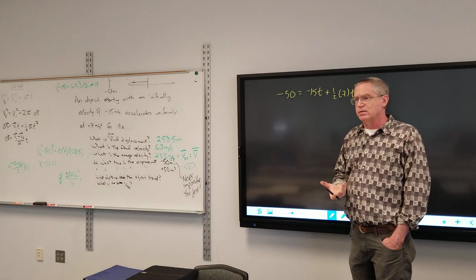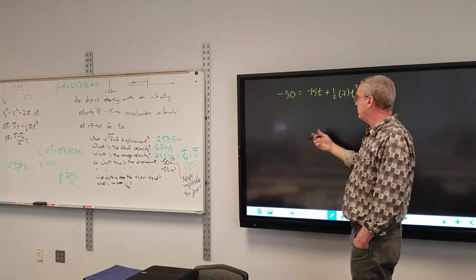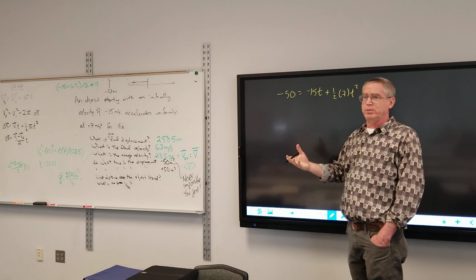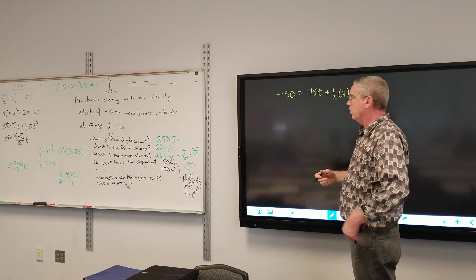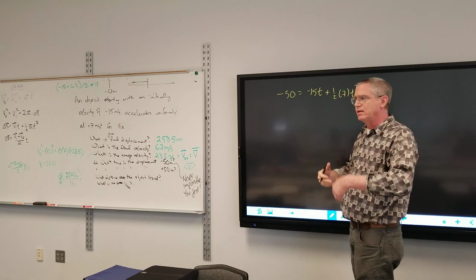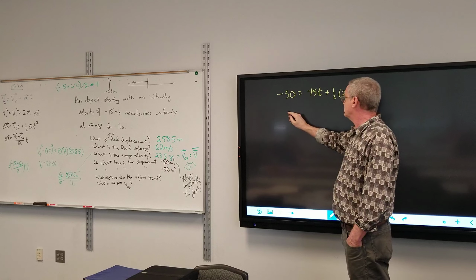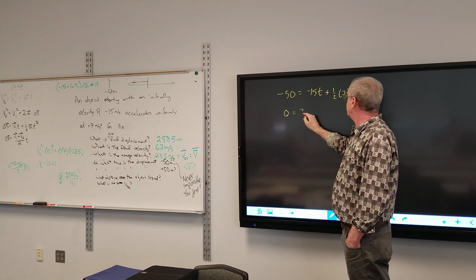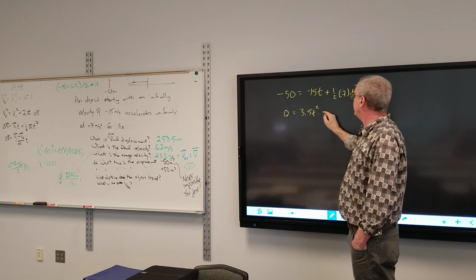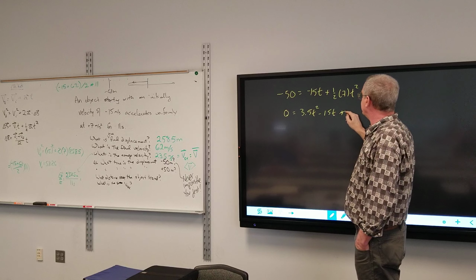We have a quadratic, and the way you solve a quadratic, you can either complete the square for those who like torture, or we can get everything on the one side and use the quadratic formula for a different torture. 0 is equal to 3.5t squared minus 15t plus 50.